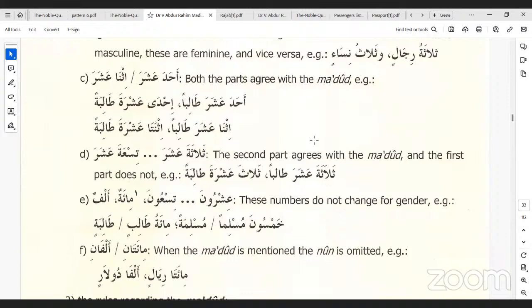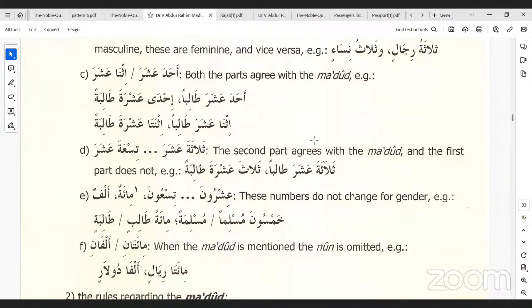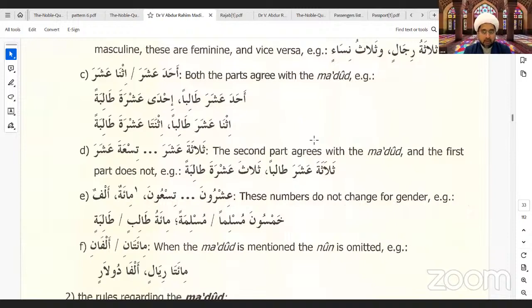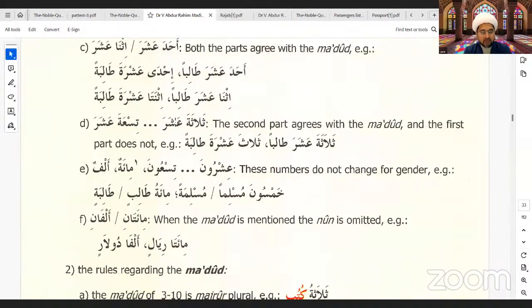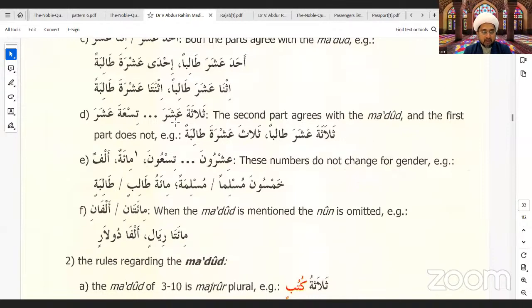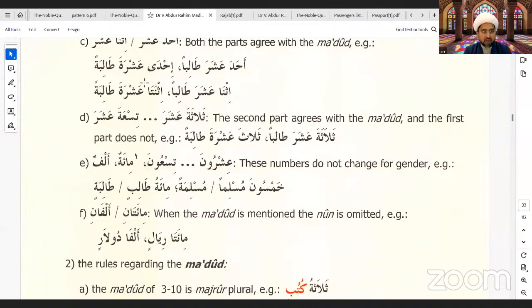So in these parts where the number is masculine, the object is also masculine. And if the object is feminine, the number is feminine too. Both parts, meaning the units and the tens, are corresponding. 11 is masculine, ahada, ashar is masculine, ihda is feminine, ashra is feminine as well.